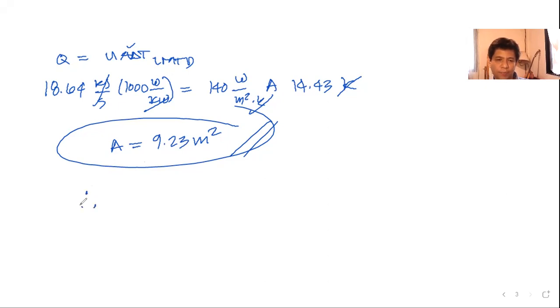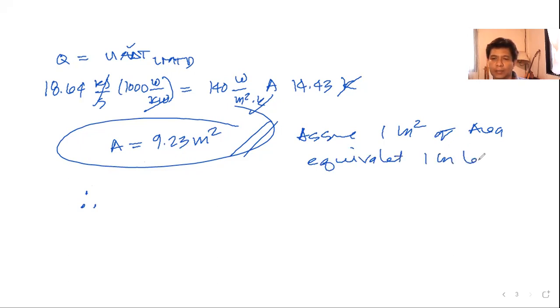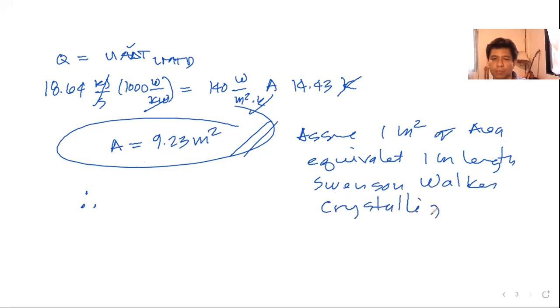So therefore, tandaan nyo yun, sinabi ko sa inyo, assume that for every 1 meter squared of area, this is equivalent to 1 meter length ng Swenson Walker. Okay, so therefore, the length is approximately equal to 9.23 meters.